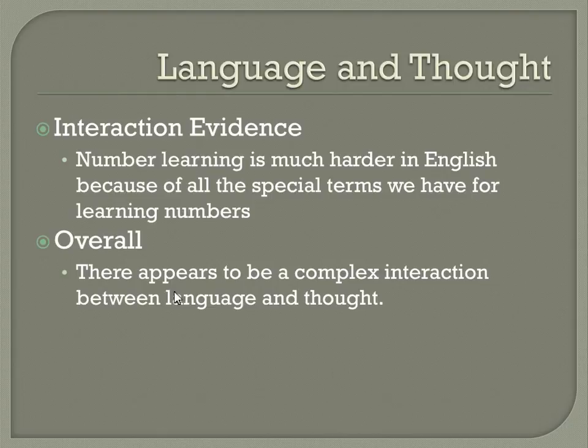Some more evidence is number learning in English. English, again, stupid language, right? In French, it's like 1 to 10, and then 11 to 20, but then it becomes 20 plus 1, 20 plus 2, 20 plus 3, and it sort of is like an addition problem for a number. But English has lots of different, more, I think, words for numbers than other languages, and that makes it more difficult to learn, especially for second languages.